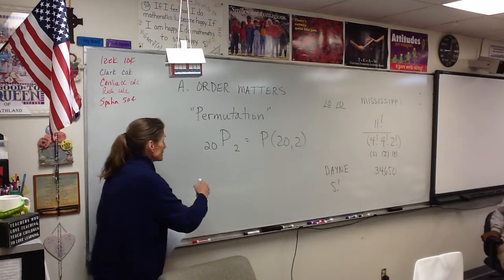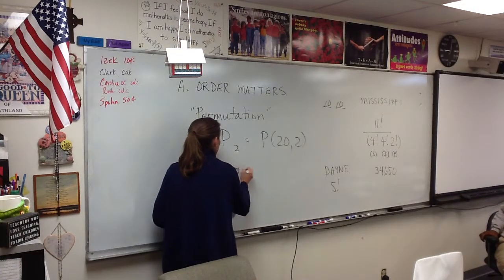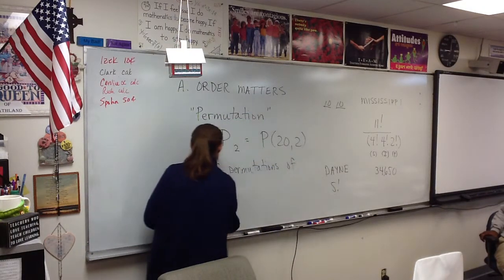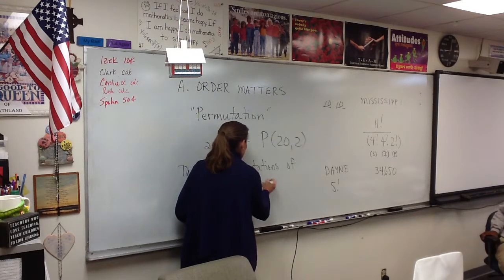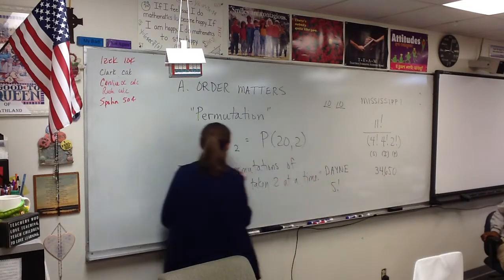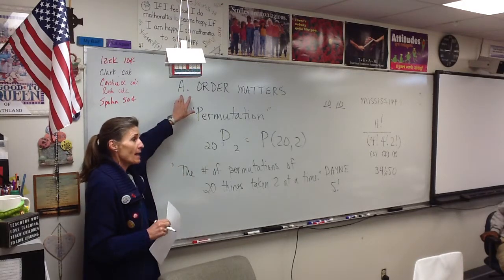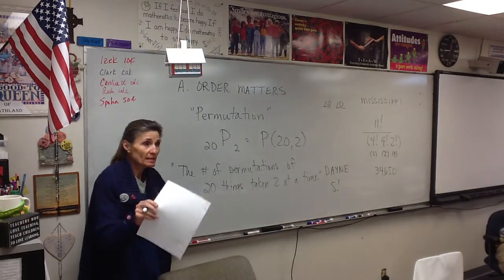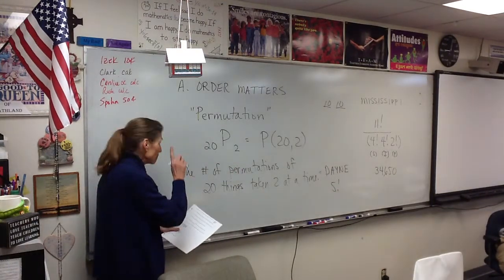It's written both ways. This means the number of permutations of 20 things, in this case people, taken 2 at a time. So in problem A, I have 20 kids, I'm picking 2 of them, and the order matters. If it said 40 members, it'd be 40P2.